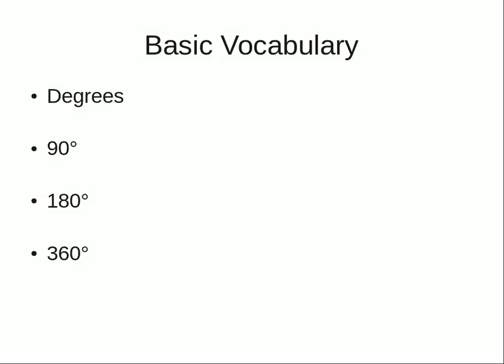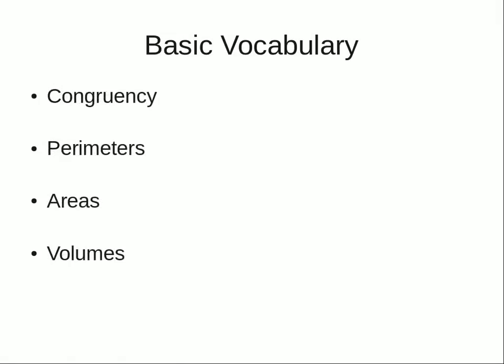If you imagine slicing a pizza into 4 equal slices, each of those slices will have an angle of 90 degrees. If you imagine slicing a pizza into 2 equal slices, each of those slices will have an angle of 180 degrees. And finally, an entire pizza or an entire circle is associated with an angle of 360 degrees. Okay?